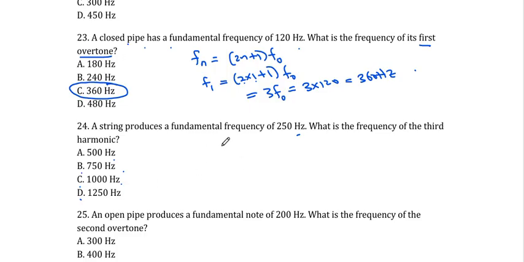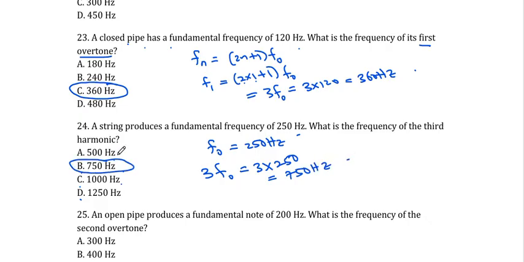Here the fundamental frequency given is 250 Hz. The third harmonic means 3 times the fundamental frequency. Fourth harmonic, 4 times the fundamental frequency. So this is 3 times 250, and that's going to give us 750 Hertz. So B is the correct answer.